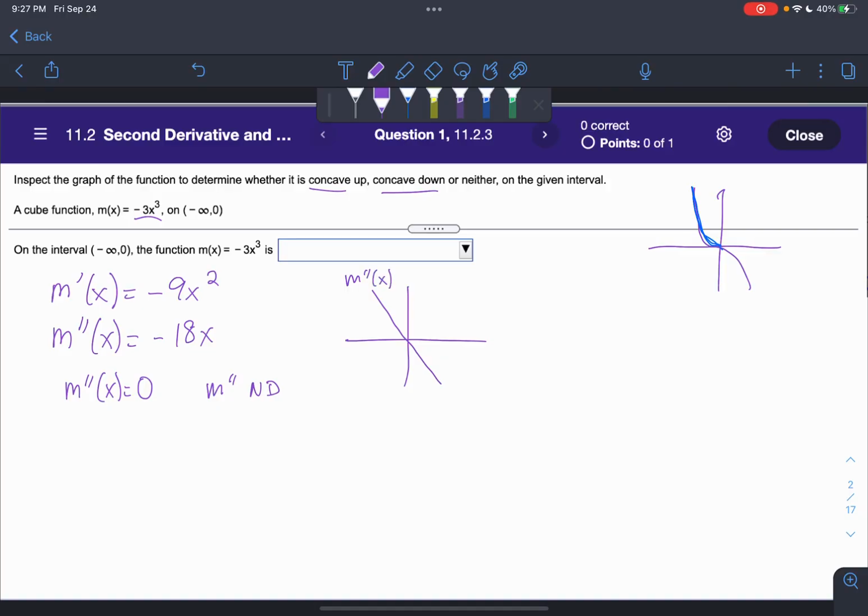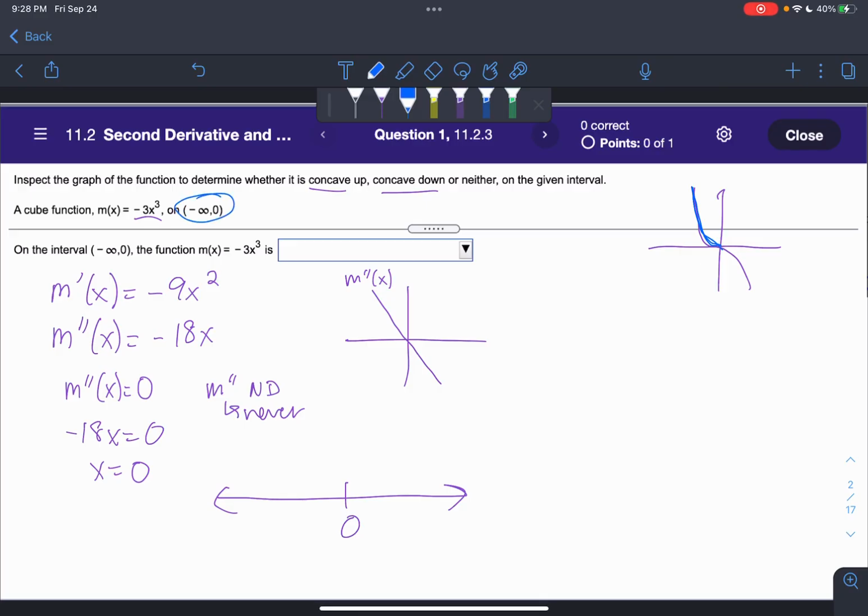It's defined everywhere, so this will never happen. But we can find that it is 0 when x is 0. So that forms the partition 0, and it works out that we're only considering from negative infinity to 0, so we don't even have to look at a number to the right of 0.